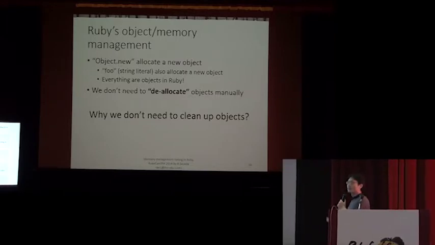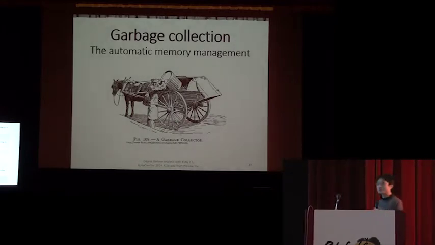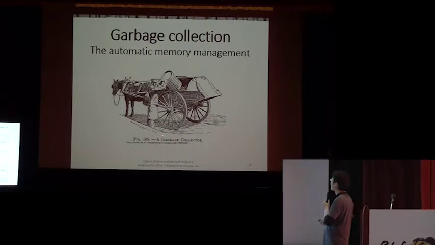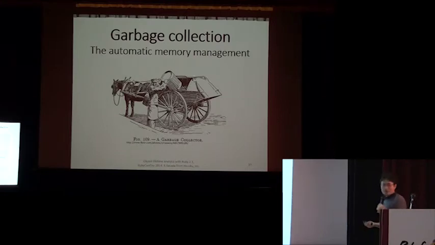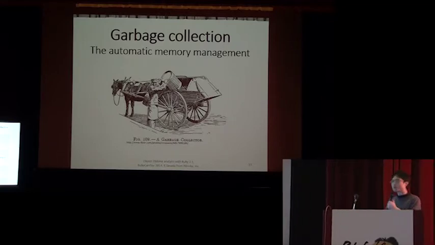Of course you know why it is: garbage collection. We have a garbage collector in Ruby. By the way, this is an ancient garbage collector, and the garbage collector evolved.